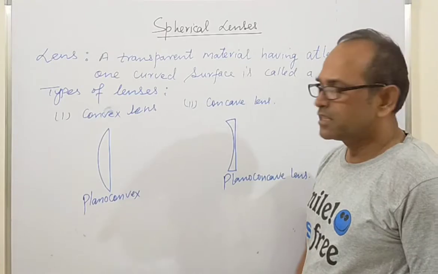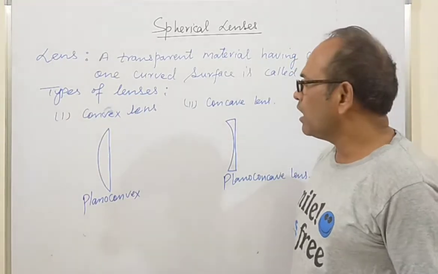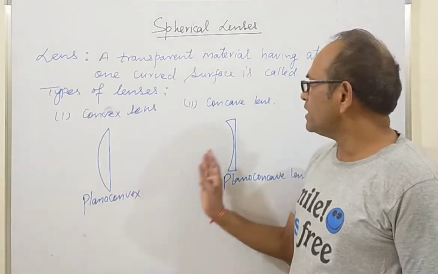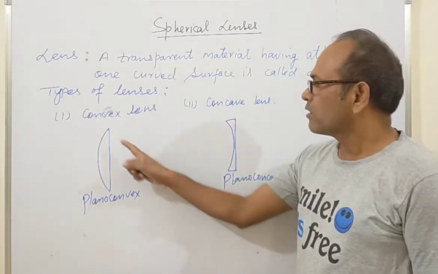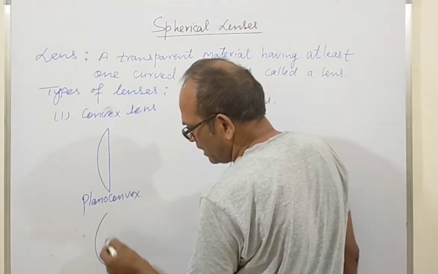Now, but it is also possible that this convex can be accompanied or joined with a concave. On one side, it can be concave also. So a lens can be like this also.